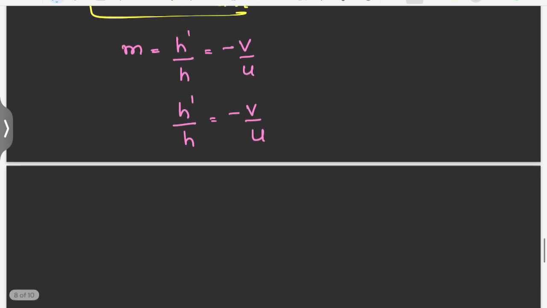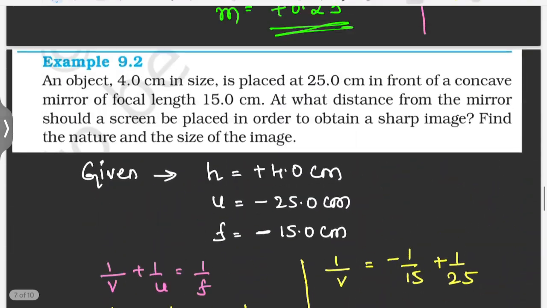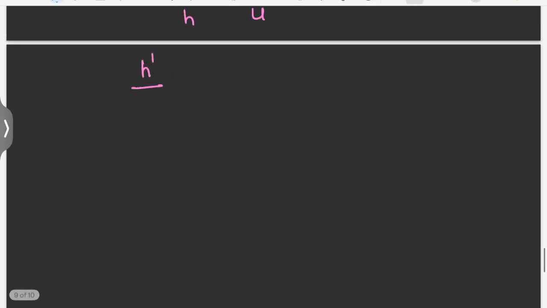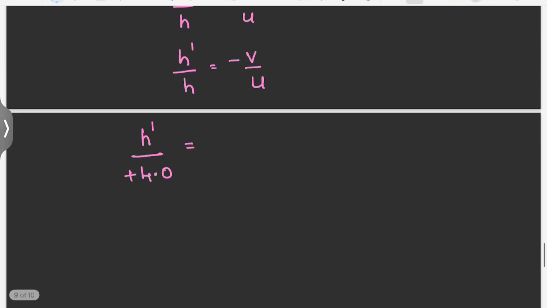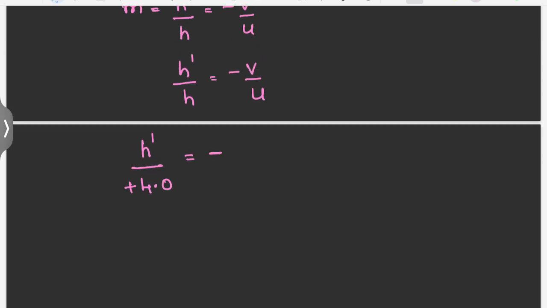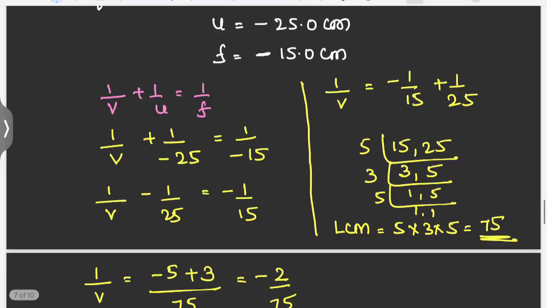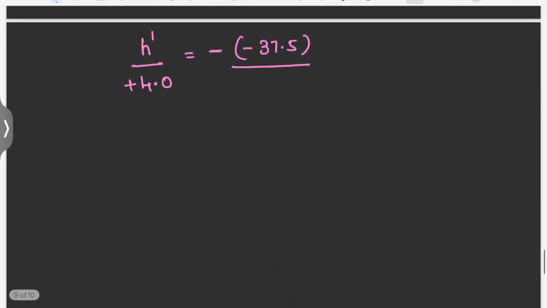So now substitute in this formula. H dash divided by h, what is the h value? The h value you can see is plus 4.0. Plus 4.0 is equal to the v value, we have got it as minus 37.5, divided by the u value, which is minus 25.